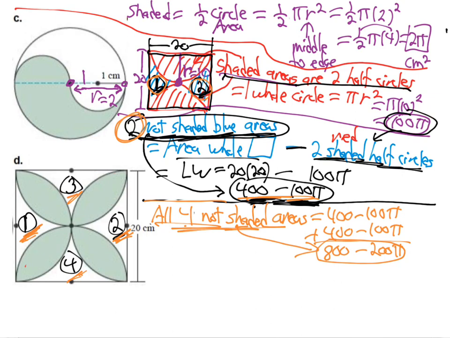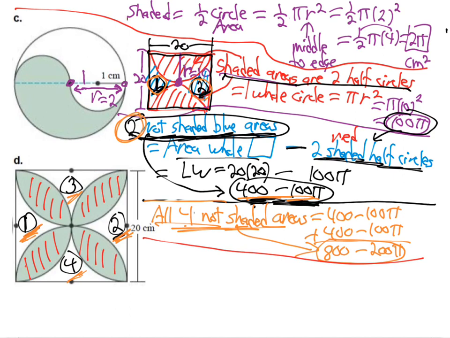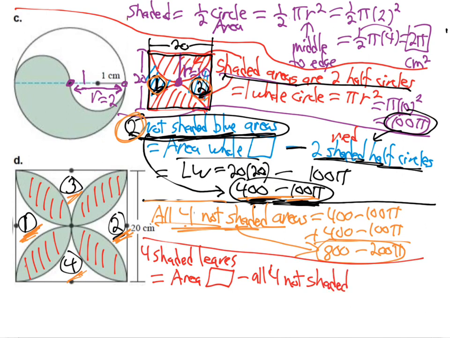Finally, we're almost there. Last step, we want to get the four leaves, right? That's been our goal all along, to find the area of those four leaves. What's it going to be? The four shaded leaves is going to equal the area of the whole square minus all four not shaded areas.